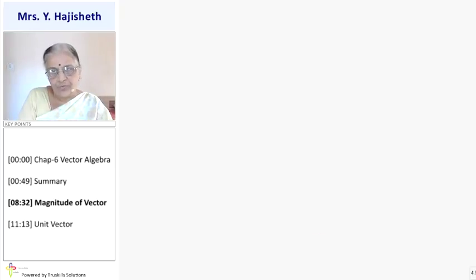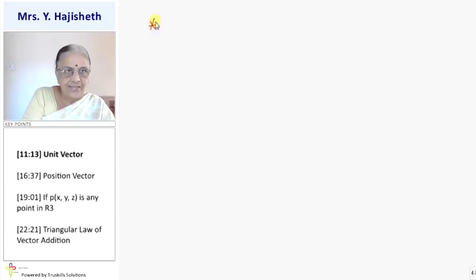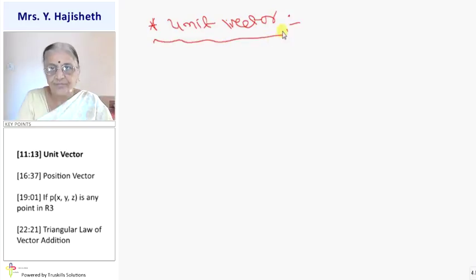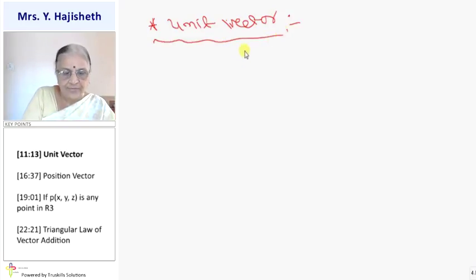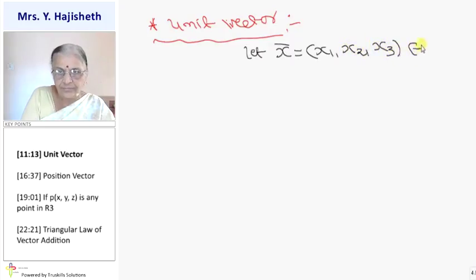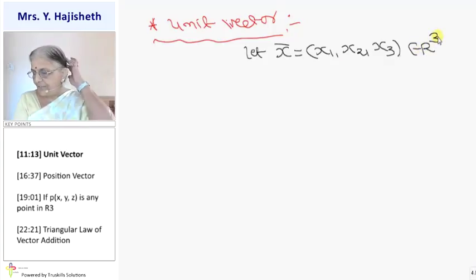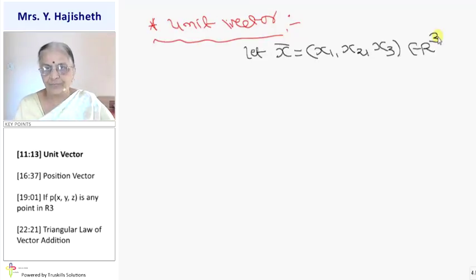The second concept you have already learned in 11 science, and that is unit vector. How do I define unit vector? All these definitions I defined for R cube are valid for R square also. The definition will remain the same. Instead of 3 entries we are taking only 2 entries of R. Instead of a triplet we are taking an ordered pair. That is the difference.